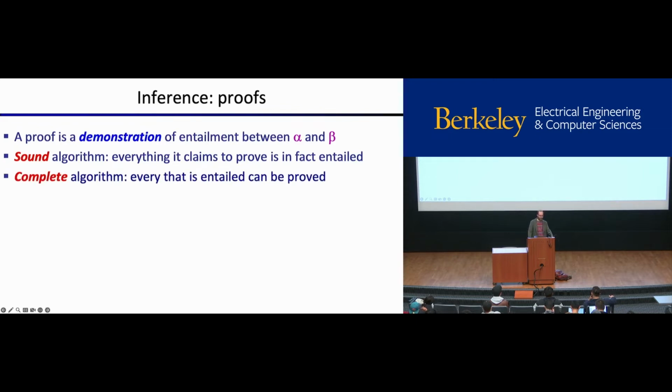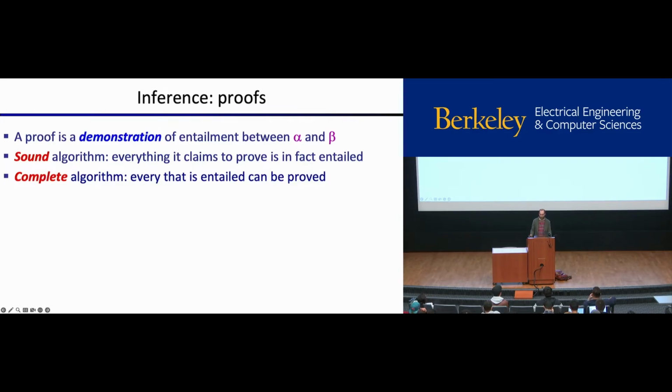A complete algorithm has the property that everything that is entailed can be proved. Here is a proof algorithm that is sound but not complete. No. No, it is not entailed. No matter what the input is, the proof algorithm just says, nope, I can't guarantee you that beta is entailed.